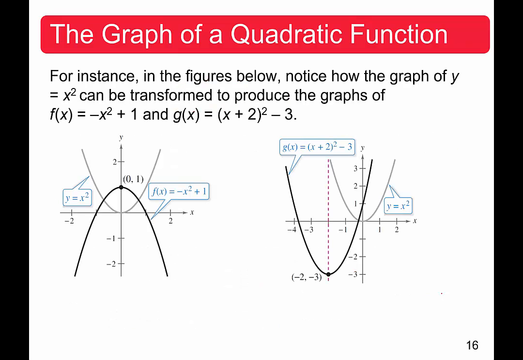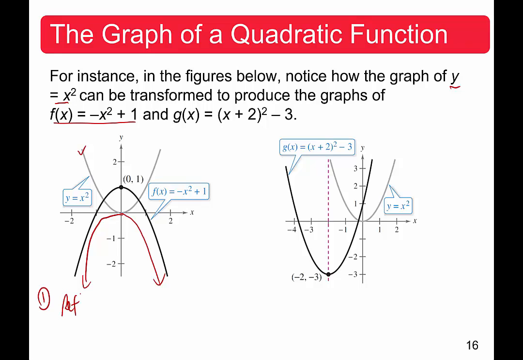For example, let's say we have a parent function y equal to x squared. The first function is f of x. So let's describe the transformation here. We have the graph. So step 1, you do a reflection about the x-axis. So from this gray graph, we do a reflection about the x-axis.